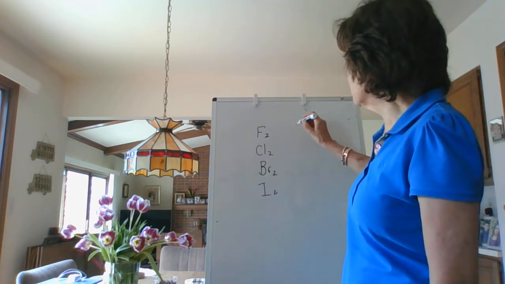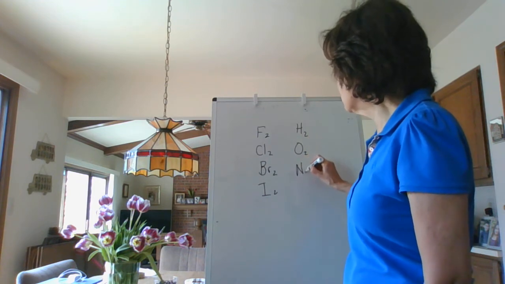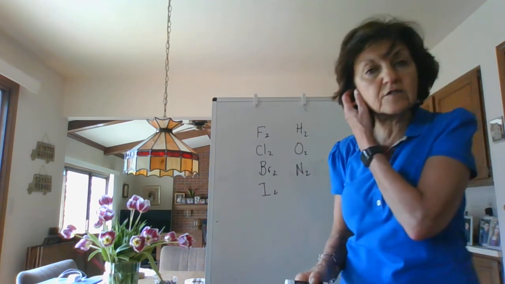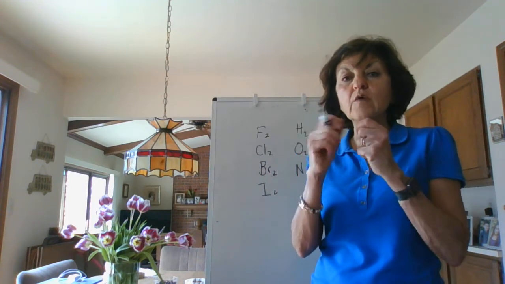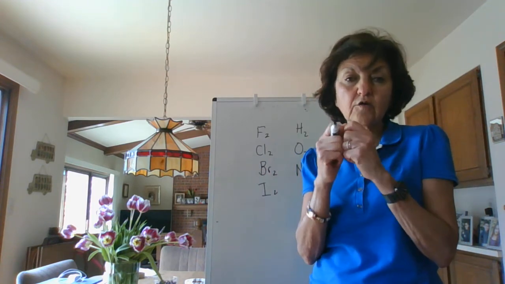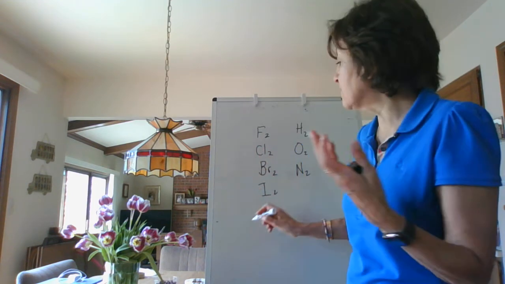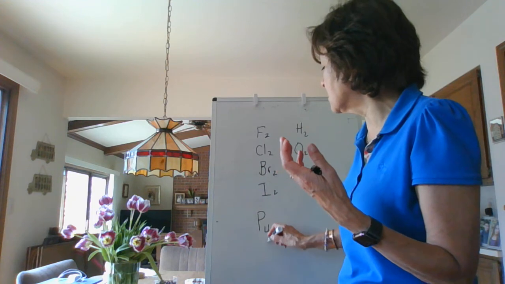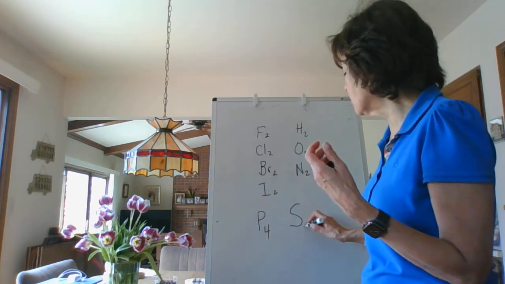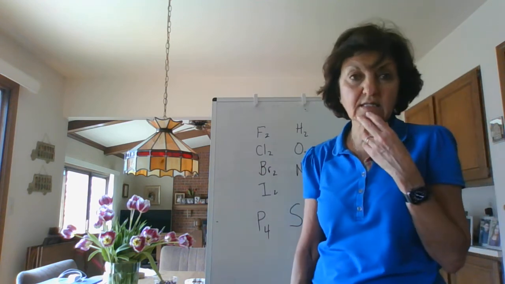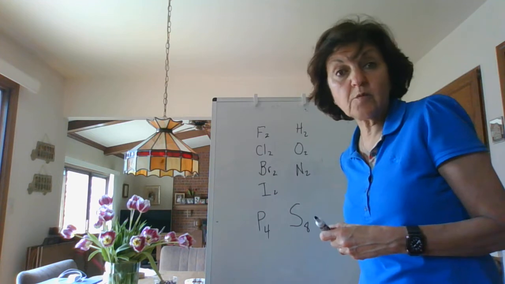And also the gases, hydrogen gas, oxygen gas, and nitrogen gas. These are the 7 diatomic molecules. They always exist as 2 atoms of that element hooked up together. And then there are polyatomic molecules like phosphorus many times will exist as P4. Sulfur is also a polyatomic molecule that sometimes exists as S8. Okay? But I digress. Let's go back to acids.